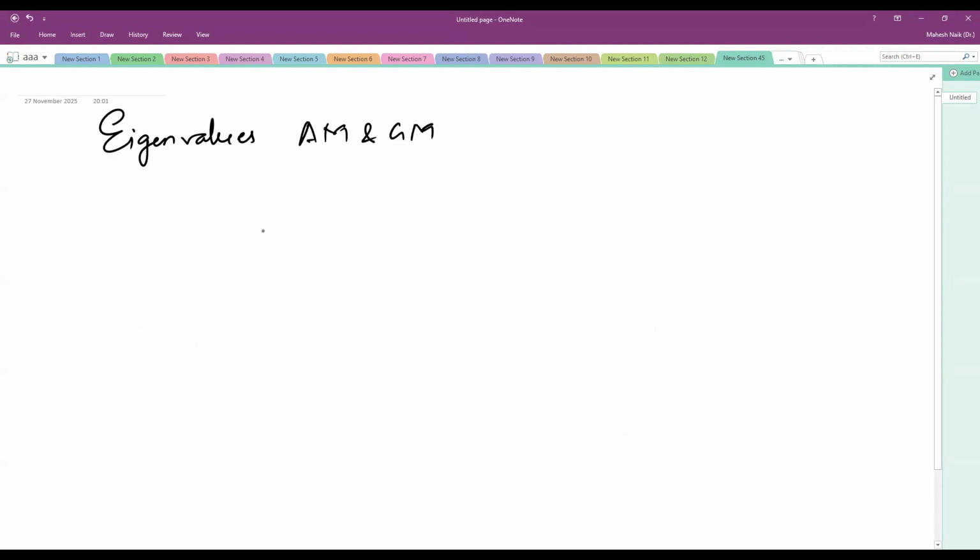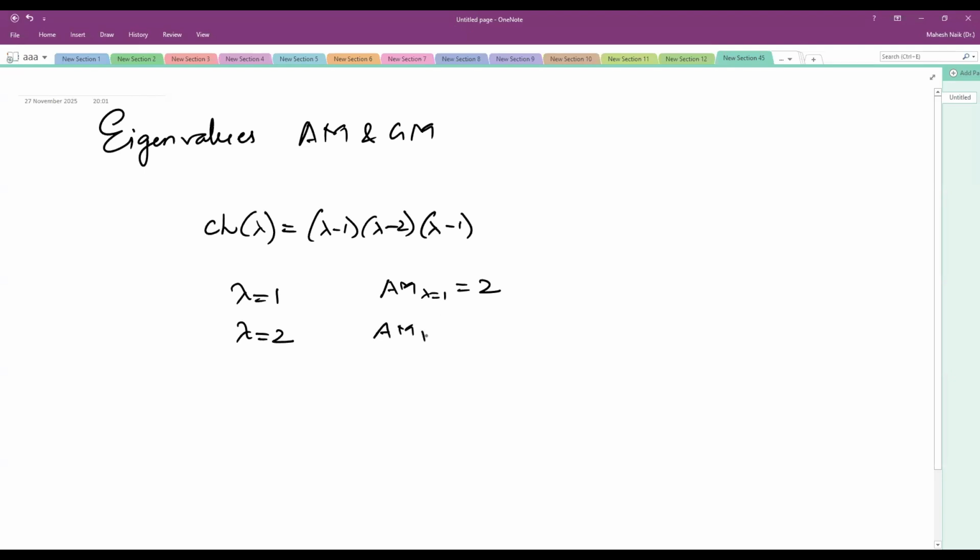So in case we have a characteristic polynomial of a matrix, given by something like (lambda minus 1)(lambda minus 2)(lambda minus 1), in such a case there are two eigenvalues: lambda equal to 1 and lambda equal to 2. The algebraic multiplicity for lambda equal to 1 would be 2, because that 1 is appearing 2 times, and the algebraic multiplicity for lambda equal to 2 would be 1, because that is appearing only once.